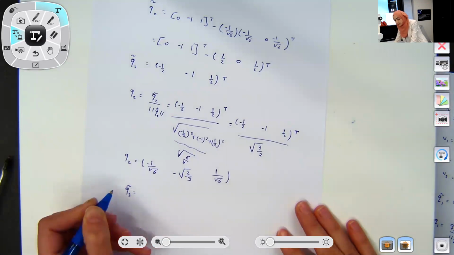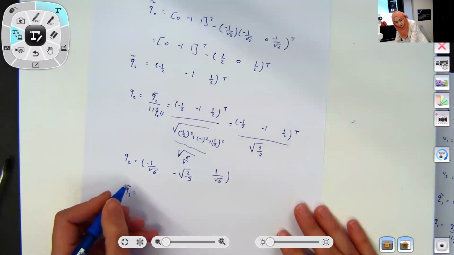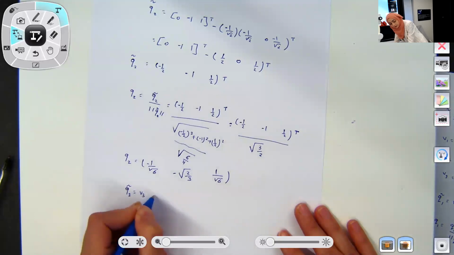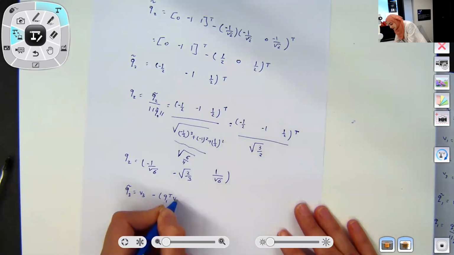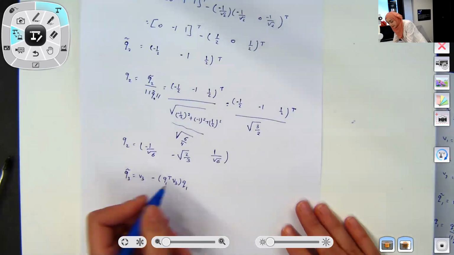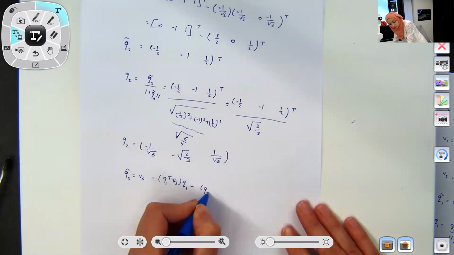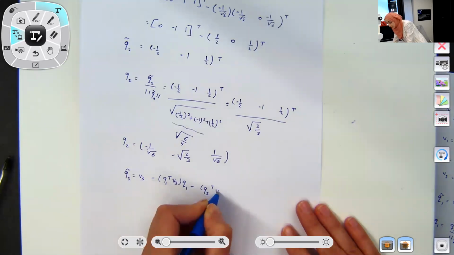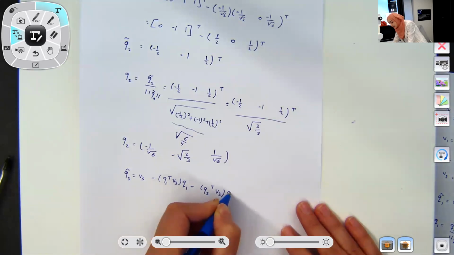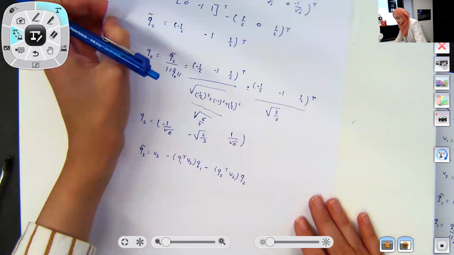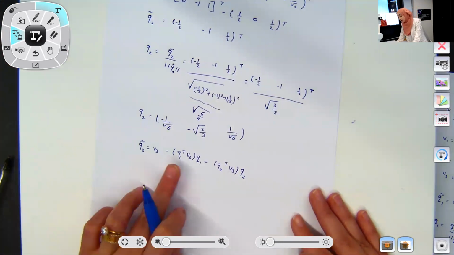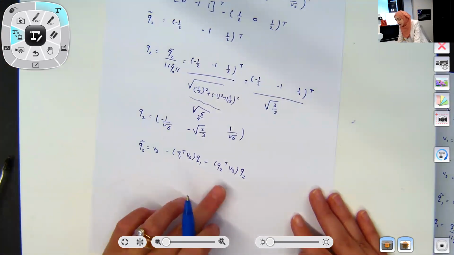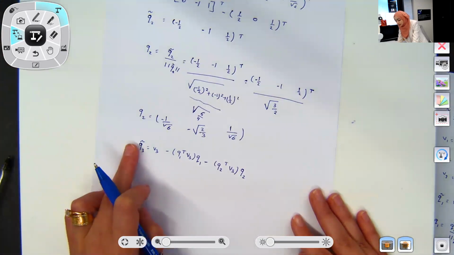Q3 tilde equals V3 minus the inner product of Q1 transpose with V3, all multiplied with Q1, minus the inner product of Q2 transpose with V3, all multiplied with Q2. Let's substitute the values of V3, Q1, and Q2, and find the value of Q3 tilde.